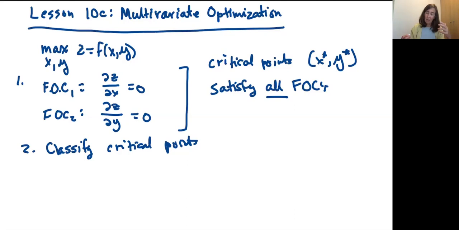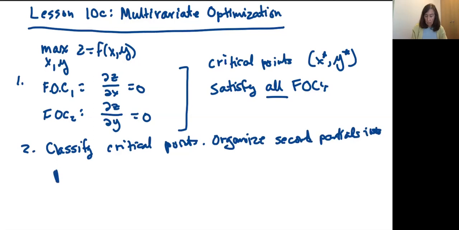But now we've got lots of second derivatives to manage here. So what we're going to do is organize those second partials into a matrix. The matrix gets abbreviated H. It's called a Hessian matrix.